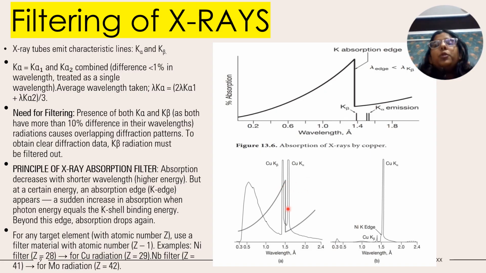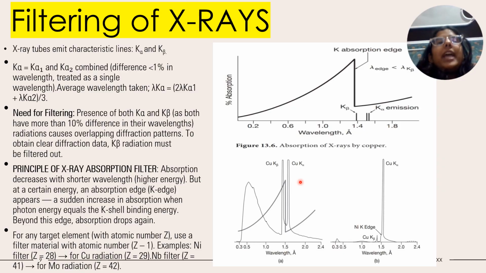So what do we do? We choose another material which has its absorption edge between K alpha and K beta, and this is exactly how the nickel filter works for copper radiation. Nickel has an atomic number of 28, just one less than copper, which is 29.